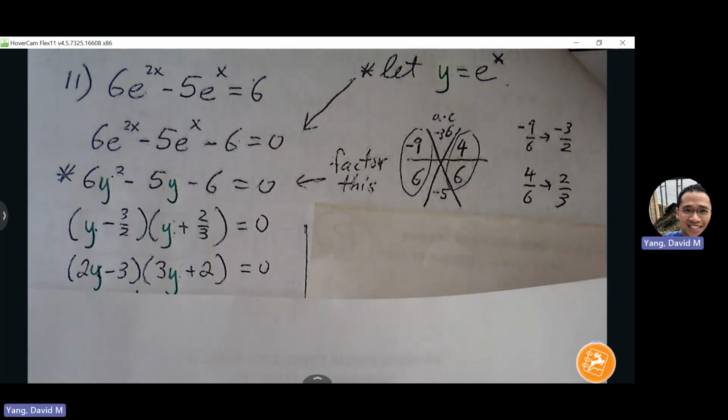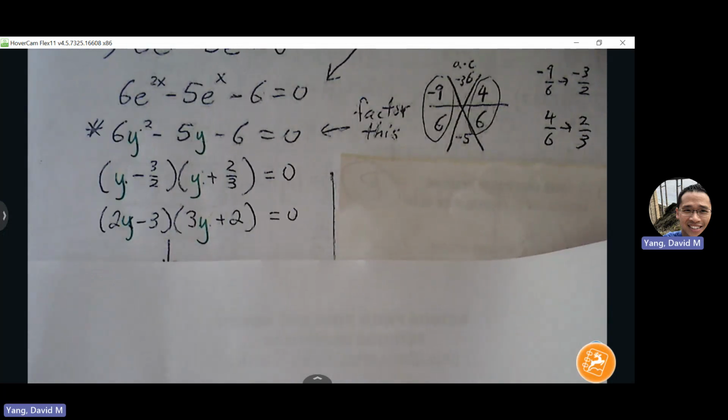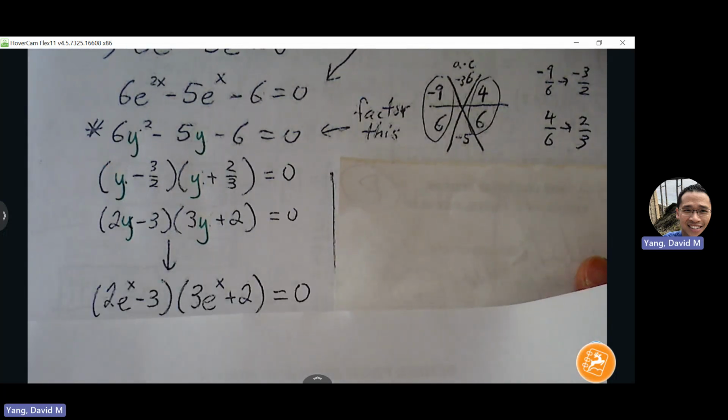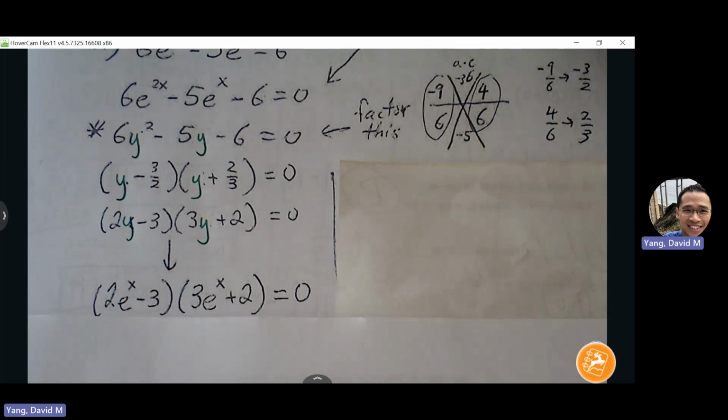Once you're able to get that fully factored, then you can bring back your original variable, e to the x, for y. And now we can just focus our attention on solving each of the parentheses.